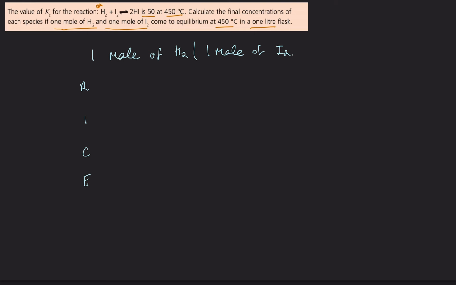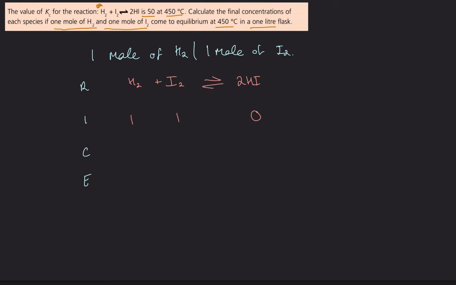Remember, R is for your reaction. Okay, and originally, the original concentration of 1 mole of hydrogen, 1 mole of iodine, and 0 moles of the hydrogen iodide, because at the very start the reaction hasn't taken place yet.